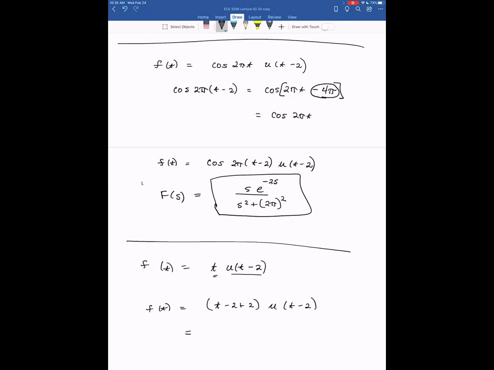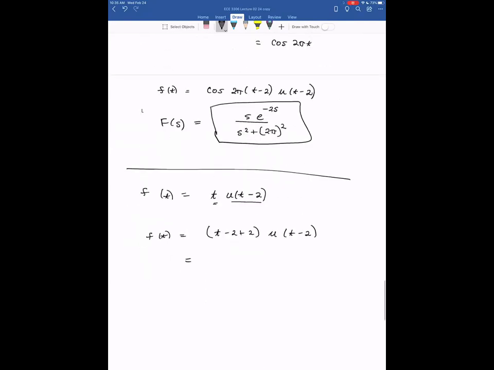And then let's distribute what we're multiplying across the step function by splitting it up into the t minus 2 part and the 2 part. The first one is t u of t, time shifted.